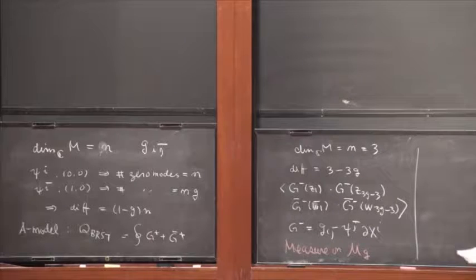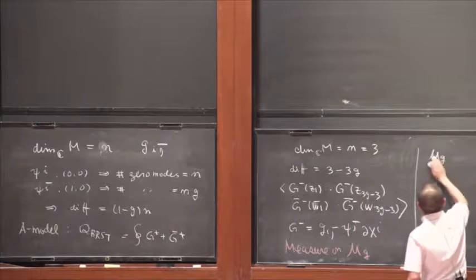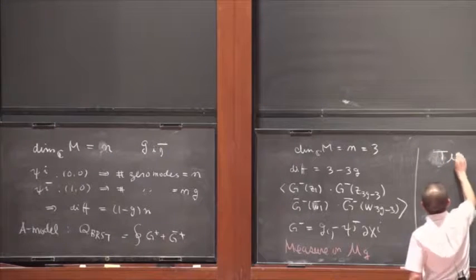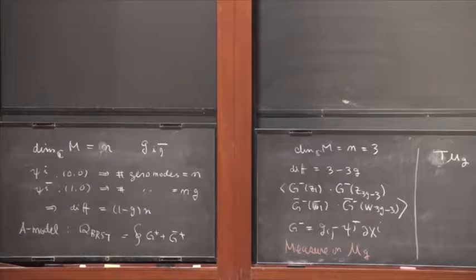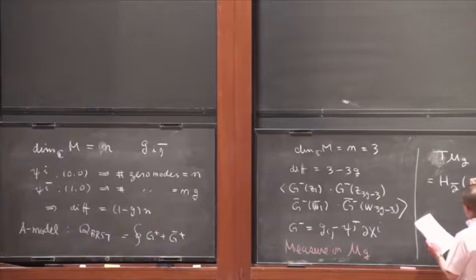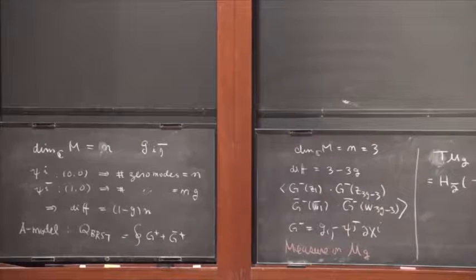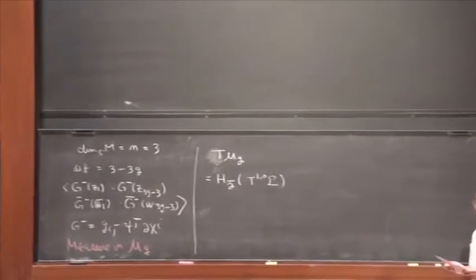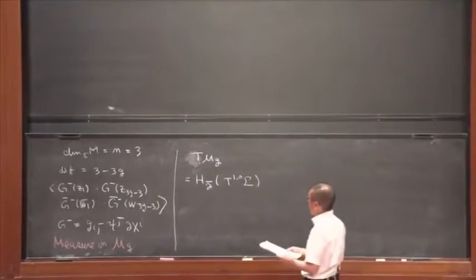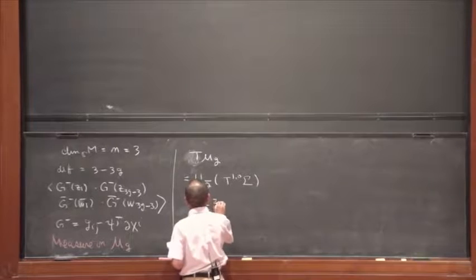Just to explain why, I want to remind you that if you have a moduli space, you can consider a tangent space to it. The tangent space is the space of complex structure deformations. Just like we discussed in the case of Calabi-Yau yesterday, this is the same as the space of (0,1) forms with values in the holomorphic component of the tangent space, whose element is a Beltrami differential.